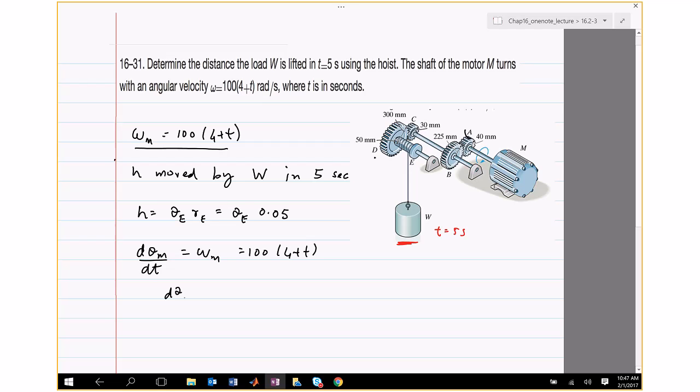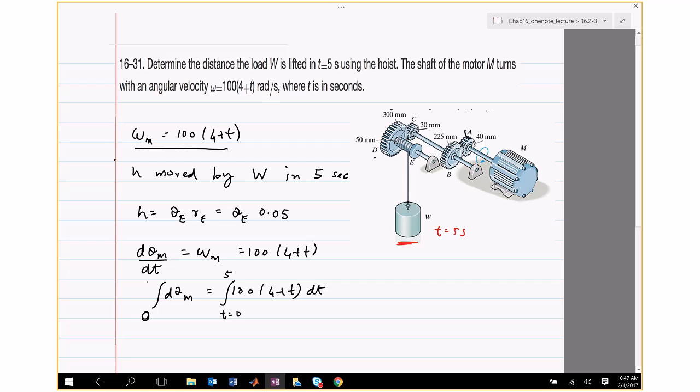So d theta M is 100 times 4 plus t dt. Time goes from 0 to 5, and let's assume the initial angle is 0.